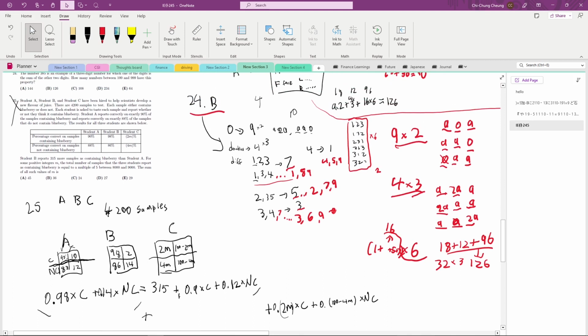So you've got students A, B, C, and they're tasting blueberry stuff, and some of the samples have blueberry, and some don't, and also the students can decide if they think it has blueberry or not. So there's four options. It does contain blueberry, and they think it's blueberry. It does contain blueberry, they think it's not. It doesn't contain blueberry, they think it does, and it doesn't contain blueberry, and it actually doesn't.